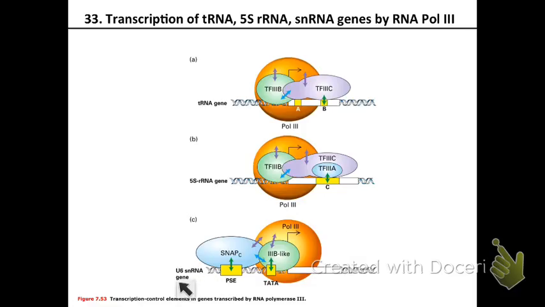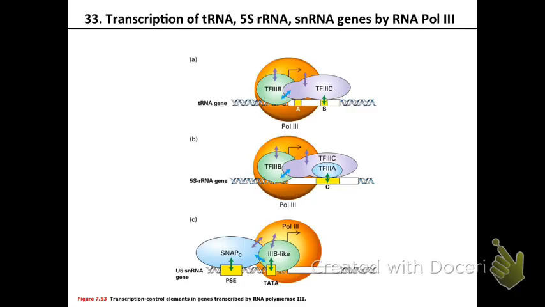So for example, this is a U6 small nuclear RNA gene. And in that case, the promoter can also contain a TATA box and some other sequence elements. So these are different sequence elements that are recognized by a different set of initiation factors which interact with RNA polymerase 3 so that it starts transcription at the correct start site.